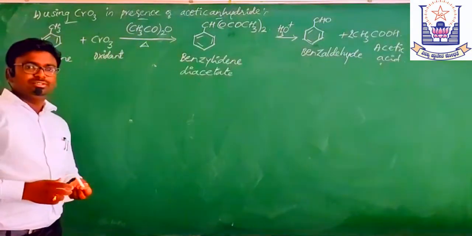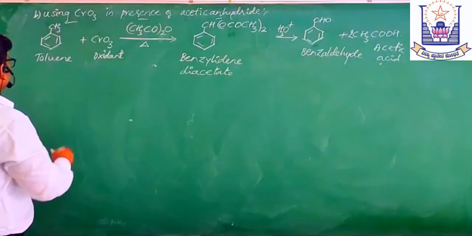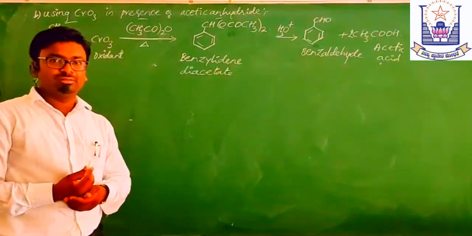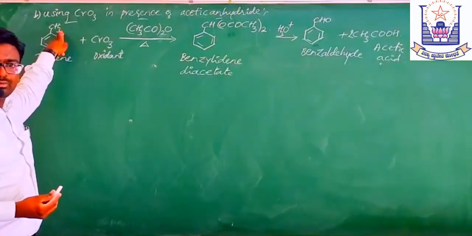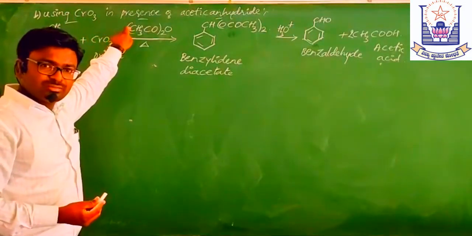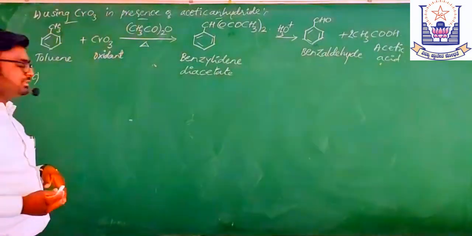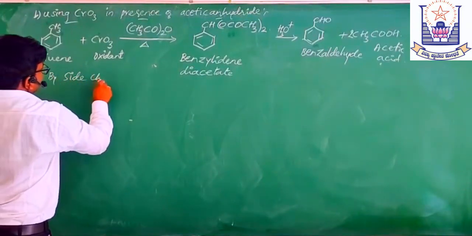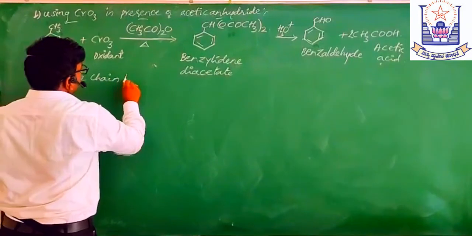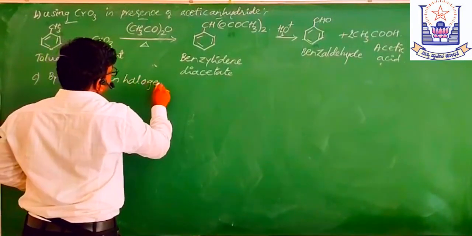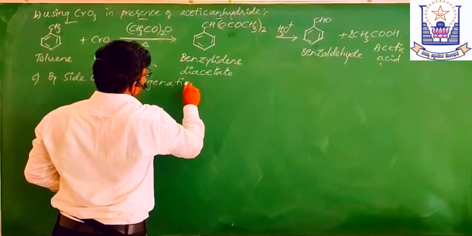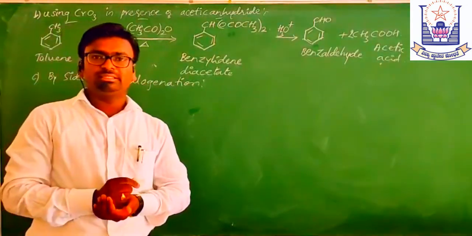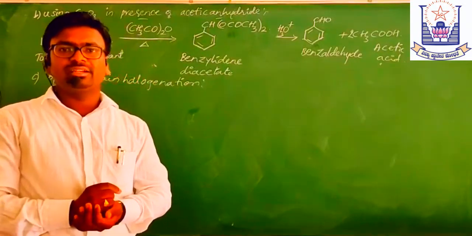Let us consider the third method, that is by side chain halogenation. The side chain is this. We will convert this to halogenation, then to aldehydes. This can be done by using sunlight, that is electromagnetic radiation.